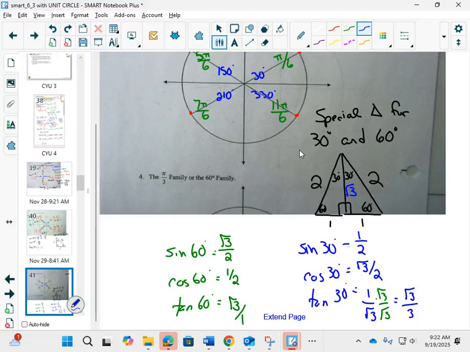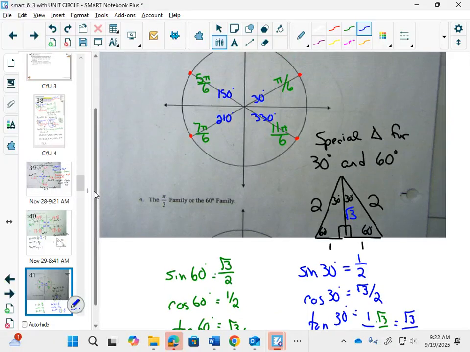My big idea on the unit circle is my x-coordinate is cos of the angle. My y-coordinate is sine of the angle. So when I get to this coordinate at 30 degrees, I would know that my x-coordinate is root 3 over 2 and my y-coordinate is 1/2.